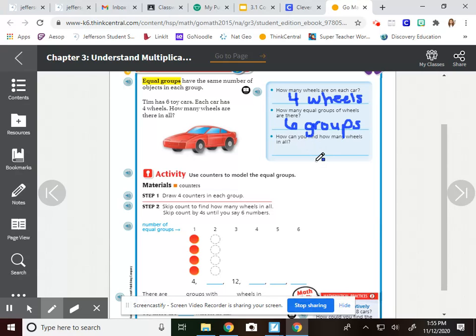Well, one of the things that we talked about in our introduction lesson yesterday was to skip count. So we can skip count by 4s.